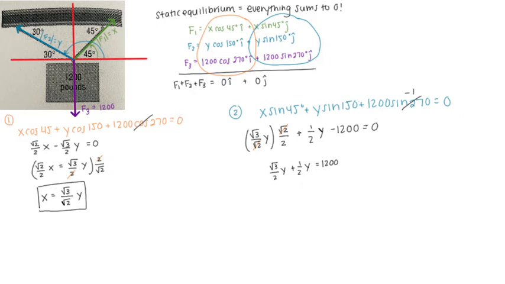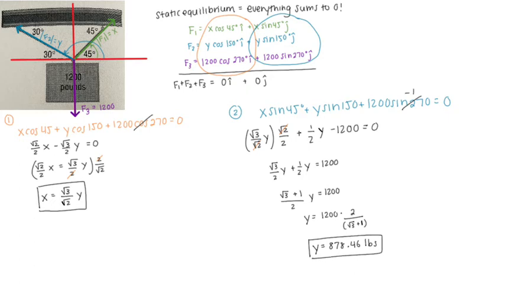So this is going to be the square root of 3 plus 1 over 2. It's a really ugly fraction. y is equal to 1200. And so what I'm going to type into my calculator to get y by itself is multiply by 2 over the quantity root 3 plus 1. And it looks like I'm getting 878.46 pounds.